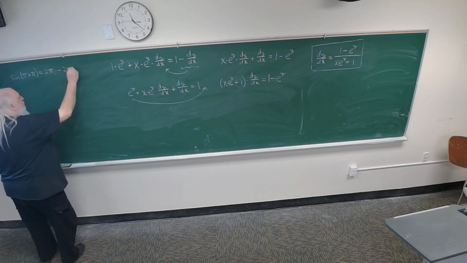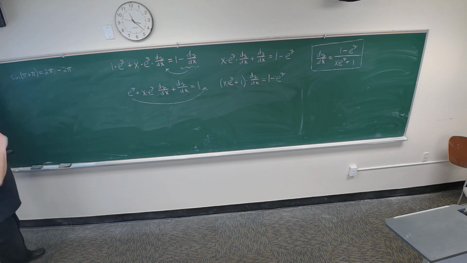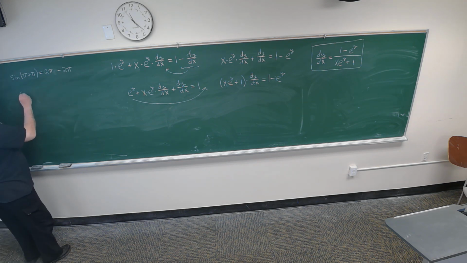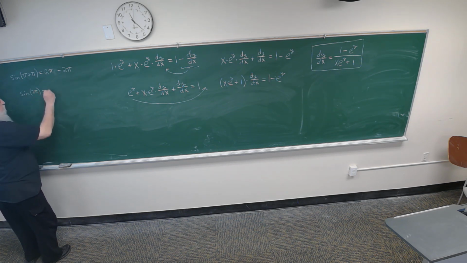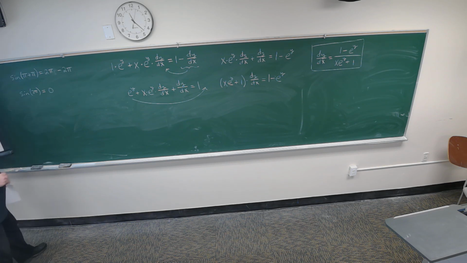The argument going into the sine function is pi plus pi, which is equal to 2 pi. So we have the sine of 2 pi, and on the right-hand side we have 2 pi minus 2 pi, which is 0.